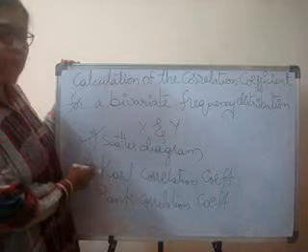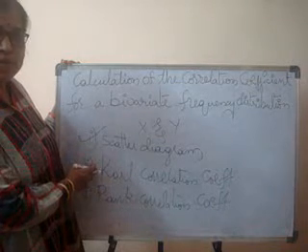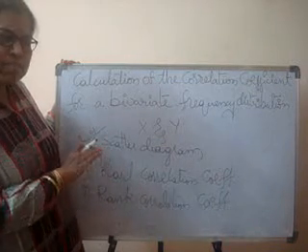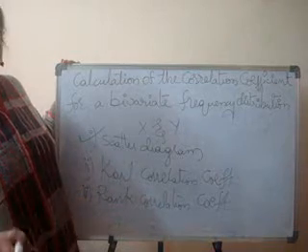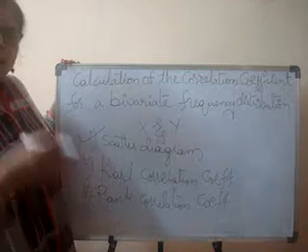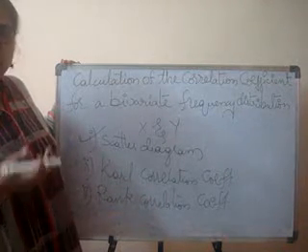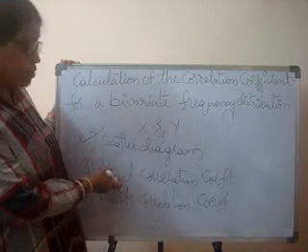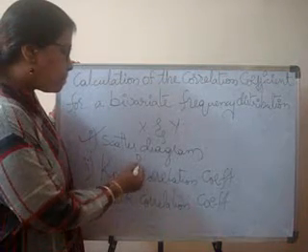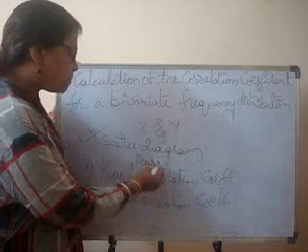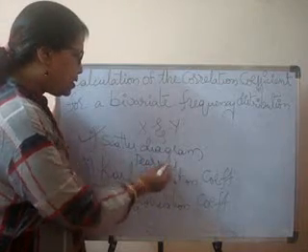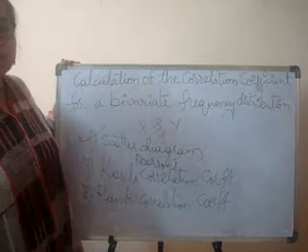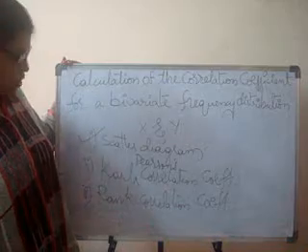Then we have seen Karl-Pearson's correlation coefficient. If the data is ungrouped data, then however large or small, with this Karl-Pearson's correlation coefficient we can find out.